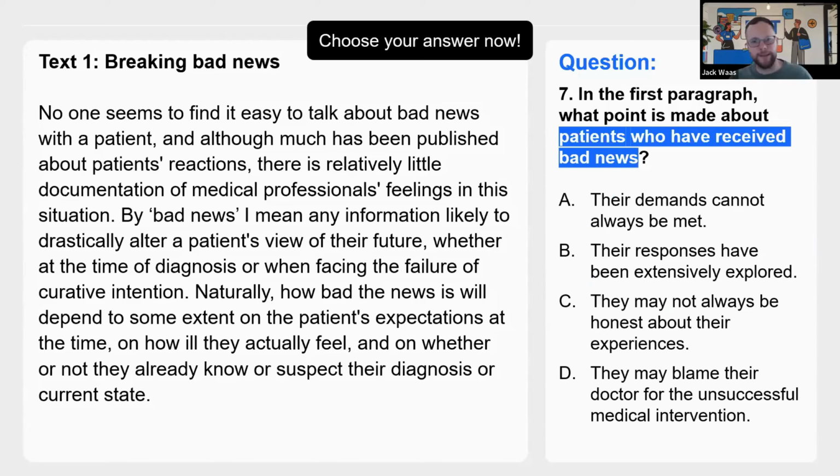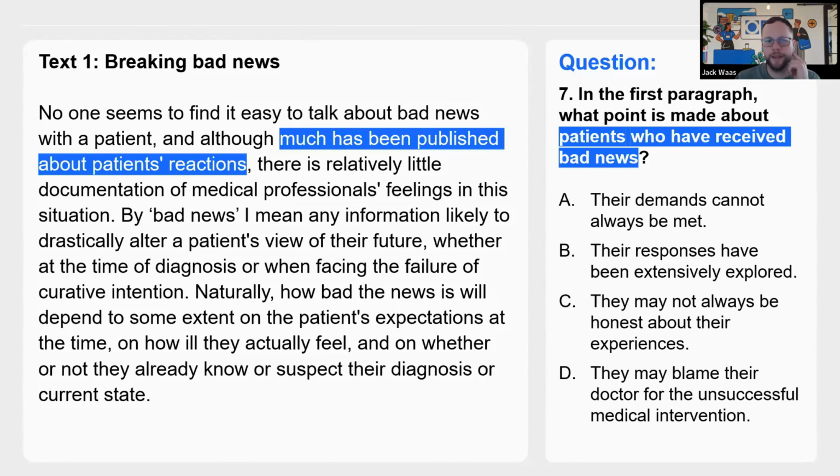A, B, C, or D. All right, so the answer here is letter B, right?